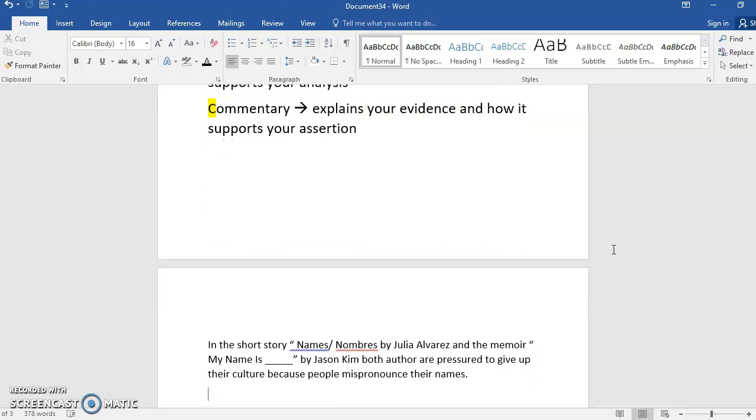Okay, so here's my assertion sentence. Okay, in the short story named Nombres by Julia Alvarez, and the memoir My Name Is by Jason Kim, both authors are pressured to give up their cultures, because people mispronounce their names.